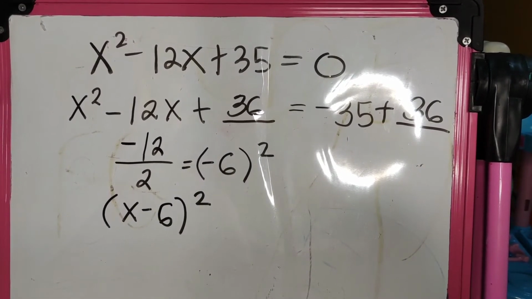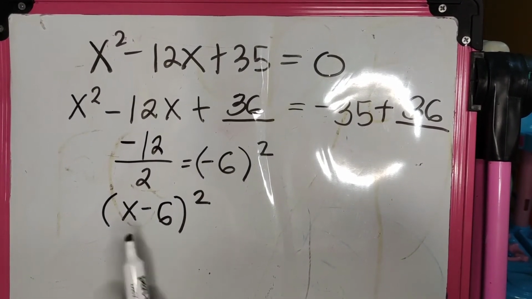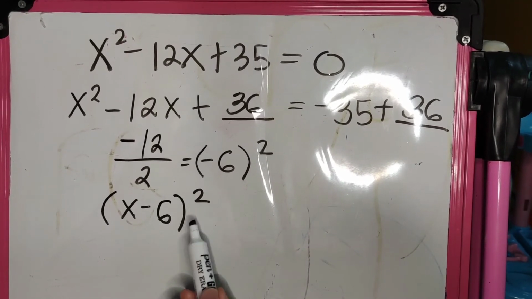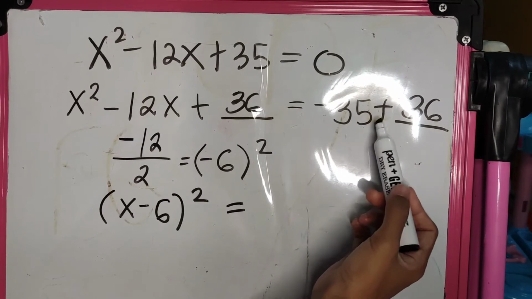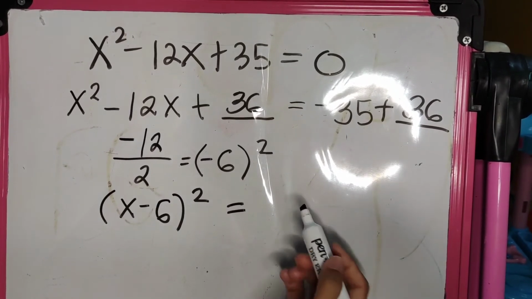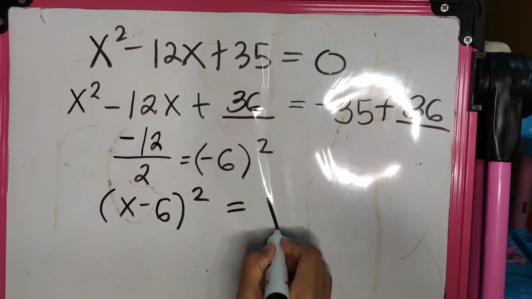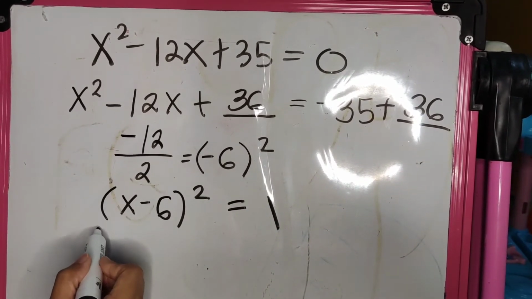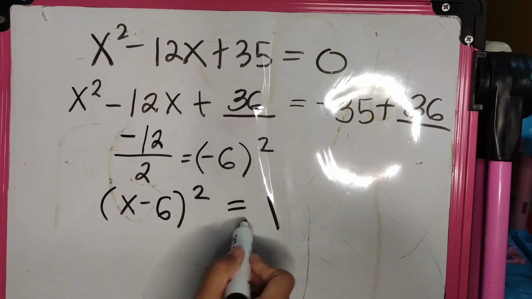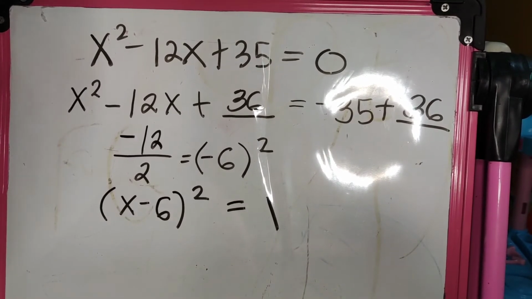So x squared minus 12x plus 36 is also the same as x minus 6 squared is equal to negative 35 plus 36 is positive 1. So we were able to express this as a square of a binomial equals 1.